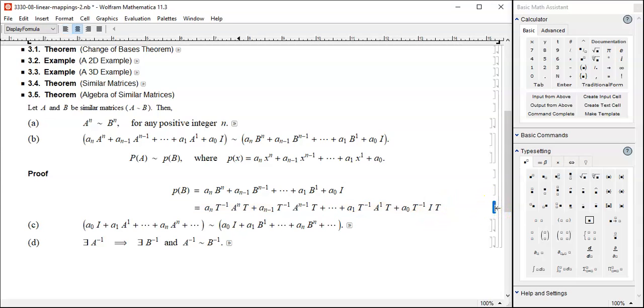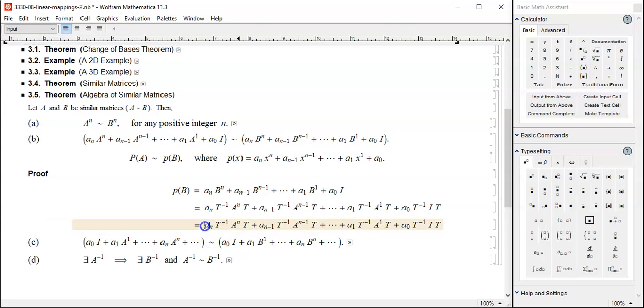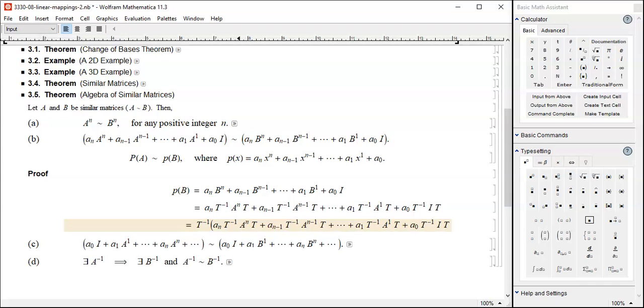And then if I take T inverse and T all the way outside, that's basically throwing away all the T's and T inverses in the intermediate part.